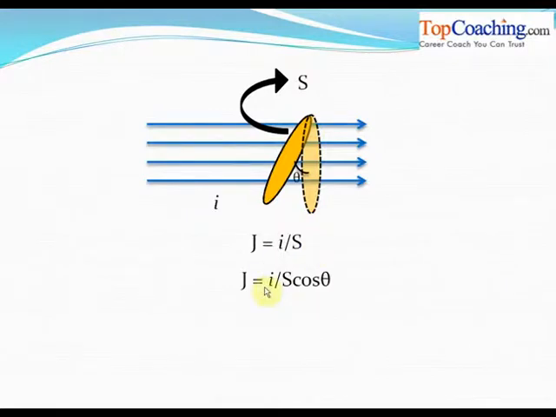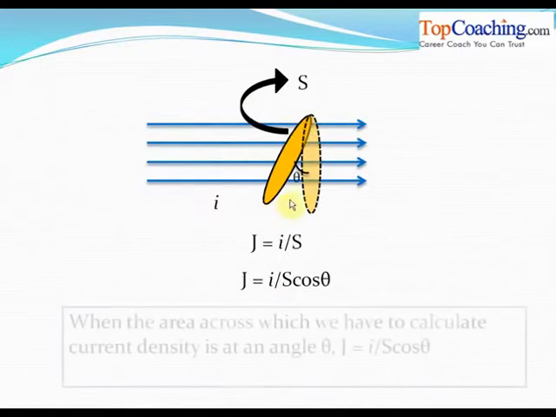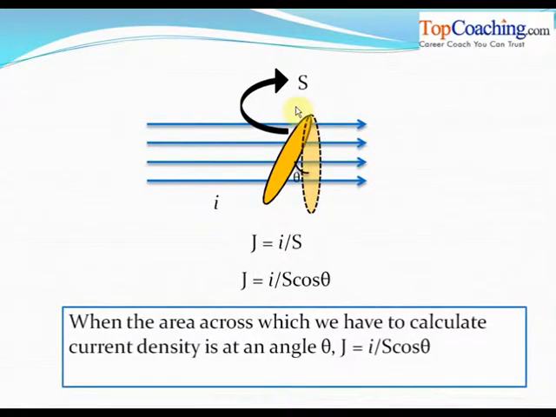In fact, when we say J is I by S, we assume that theta is 0, when the area is perpendicular to the direction of electric current. So this is again an important fact that you must remember, that J is I by S cos theta, when the area across which we have to calculate current density is at an angle theta with respect to the perpendicular to the electric current.